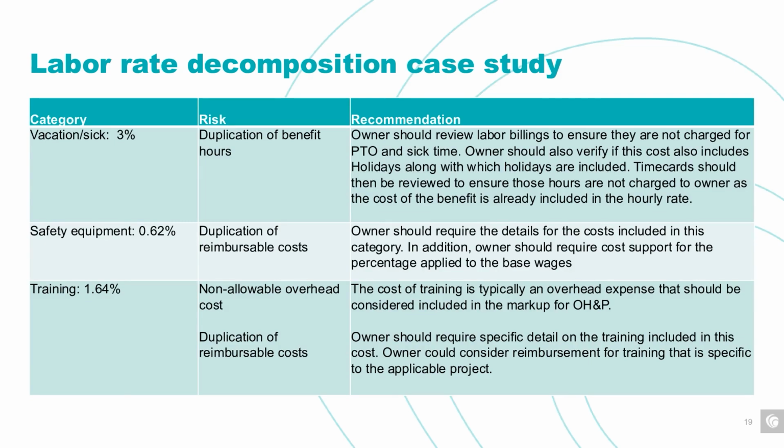Moving on, we've got safety equipment and training costs. Again, here we run the risk of duplicating reimbursable costs on top of potentially paying for costs that are considered overhead and would be non-allowable by the contract terms. So what we want to see specifically from the contractor is documentation telling us exactly what's included in these costs and how they arrived at the percentage they're including in their rate.